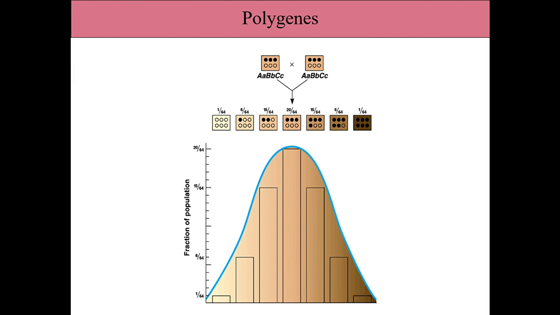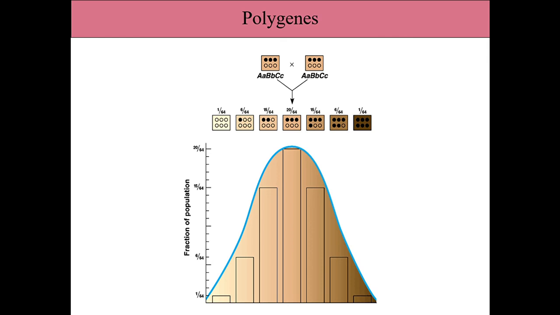And as you can see, there is variation in height. We don't have just two types, short and tall, but we have varied. And here we have the intermediate or median height.